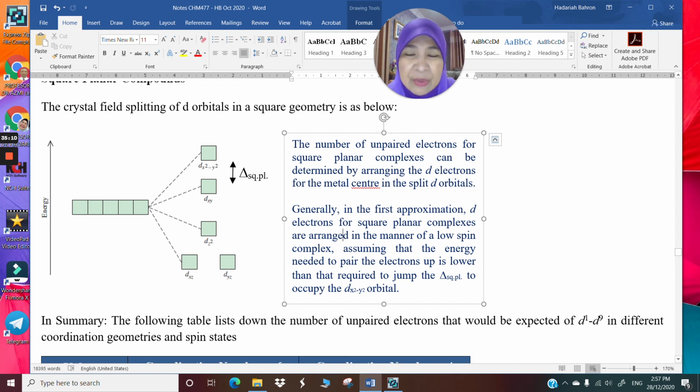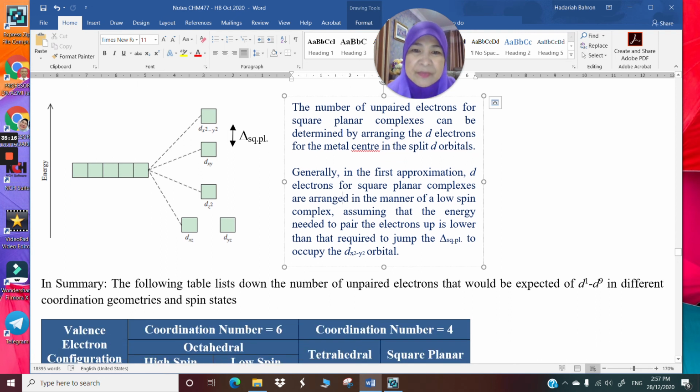And then after all of these are paired up, they go up to the last orbital to be filled in. The energy needed to pair the electrons up is lower than it is to jump the delta square planar to start occupying the x squared minus y squared orbitals.